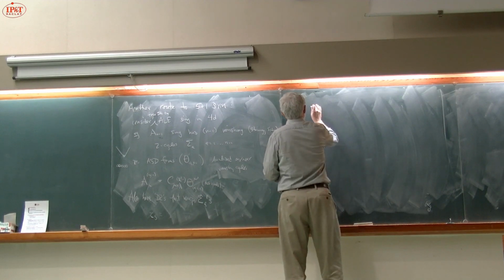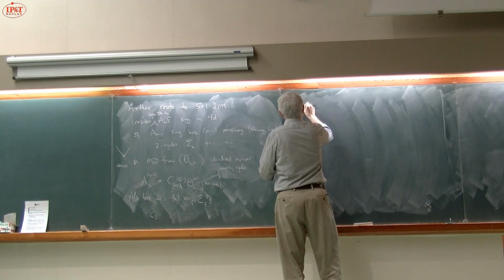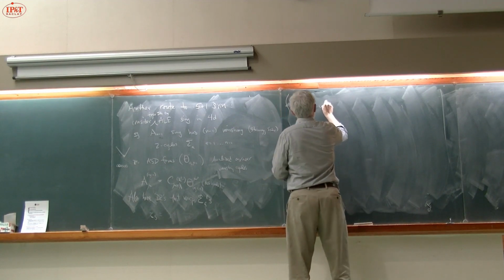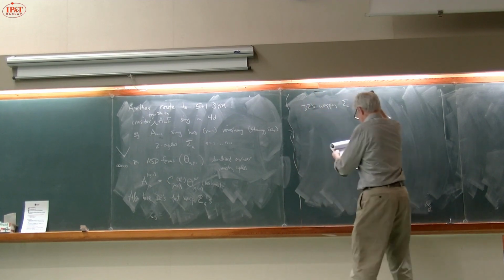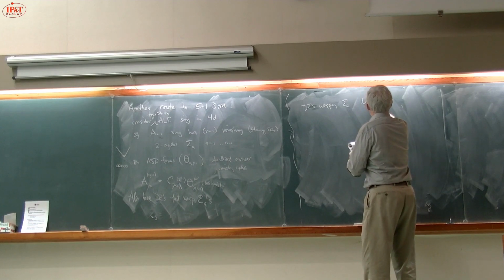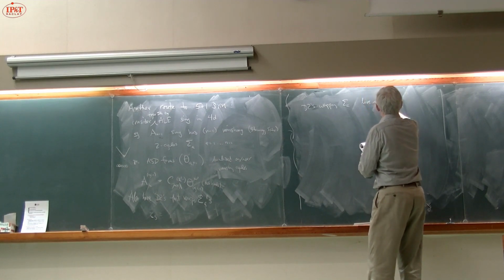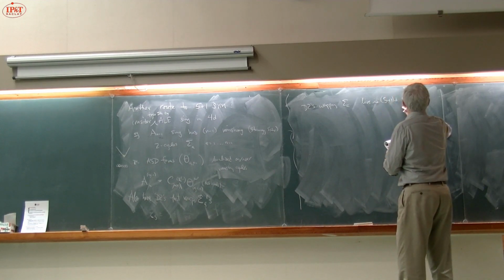So D2s wrapping the sigma A live in a 5+1D vector supermultiplet.